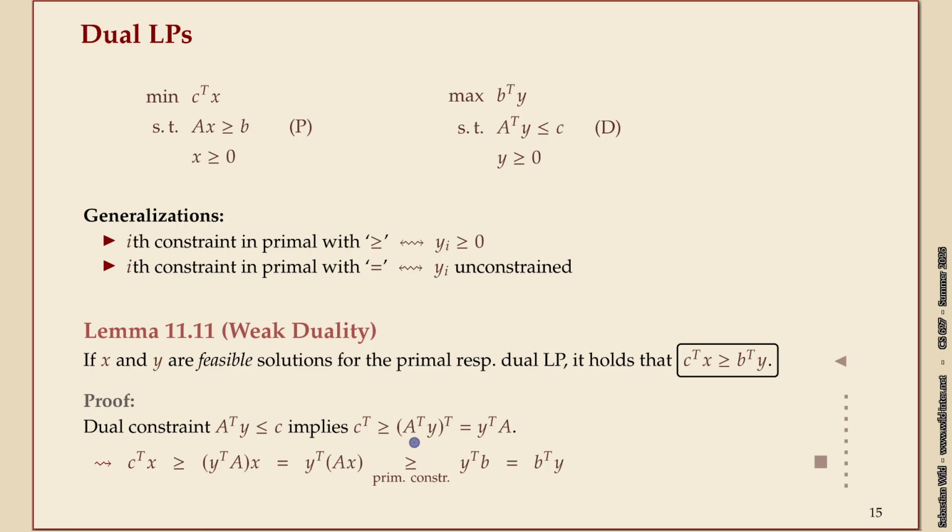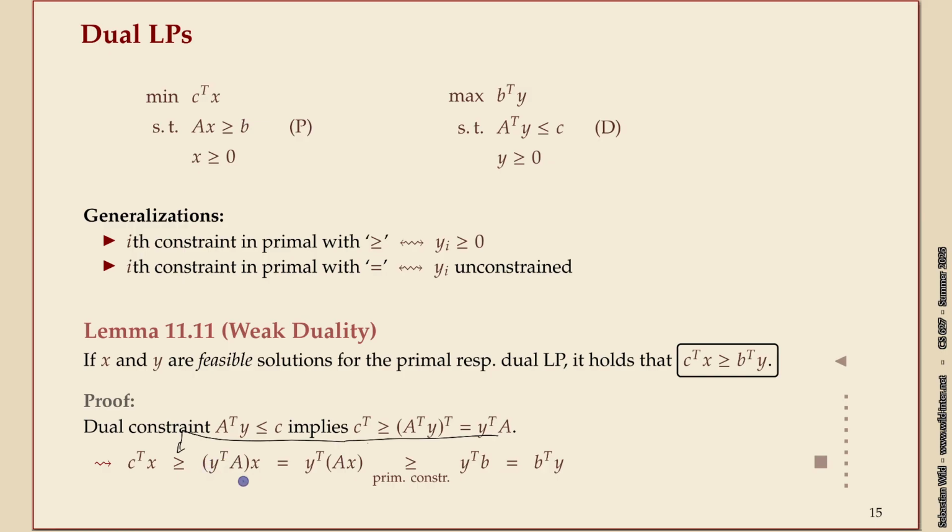So C transpose is greater or equal A transpose Y, the whole thing transpose, and then, you know, the rules for transposition means you flip the product inside around, so it's YTA. And then you can just rewrite the objective value of the primal. Start from here, you replace C with that CT here.